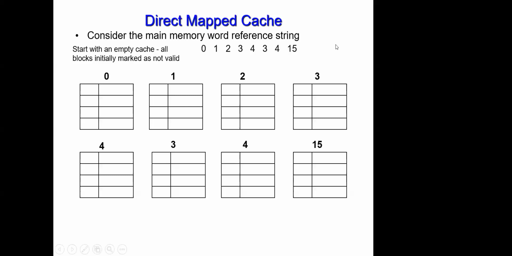So now consider this example where I have the main memory word reference like that: 0, 1, 2, 3, 4, 3, 4, 15. Meaning the CPU at the very beginning would like to access data at address 0 in the memory, address 1 in the memory, address 2, address 3, and so on and so forth.